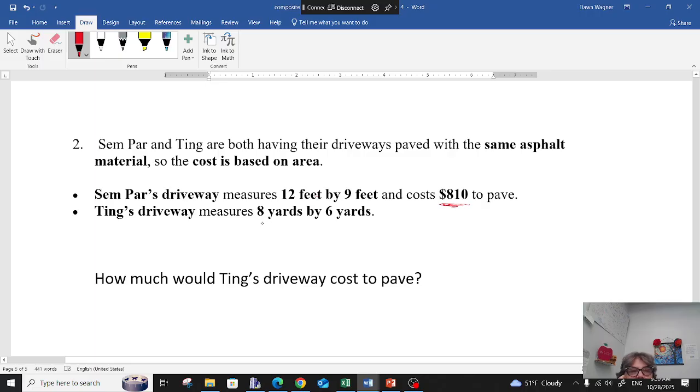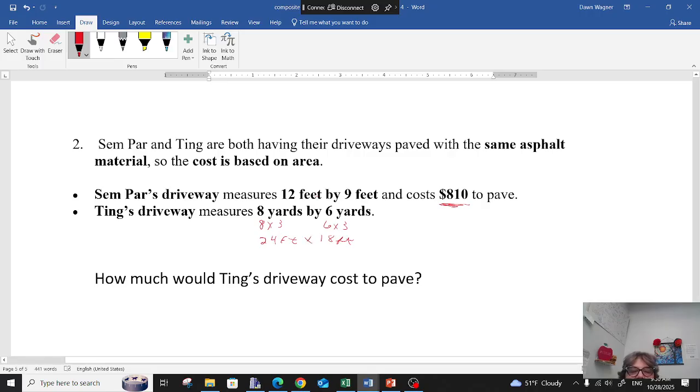So what's 8 times 3? And it's written in your test on the one conversions. So 8 times 3 is what? 24 feet. And what's 6 times 3? 18 feet. So, oh, Ting, you have a big driveway.